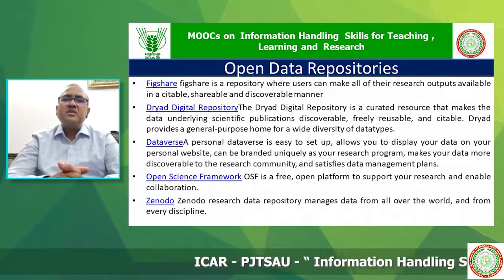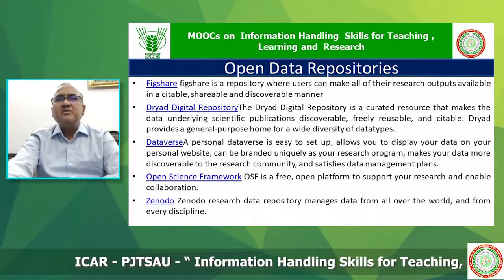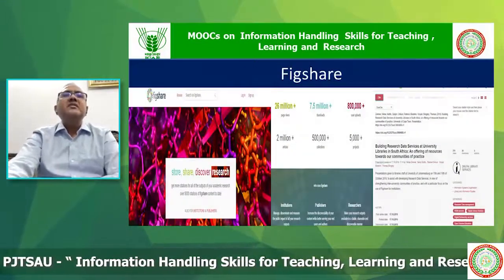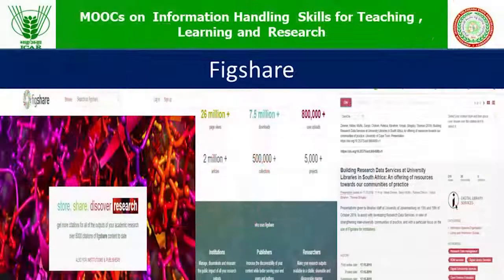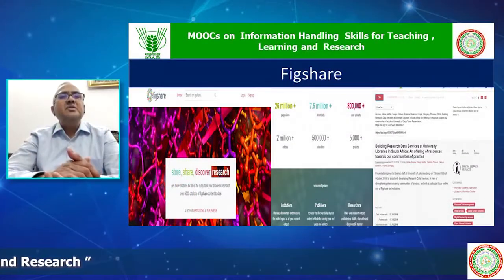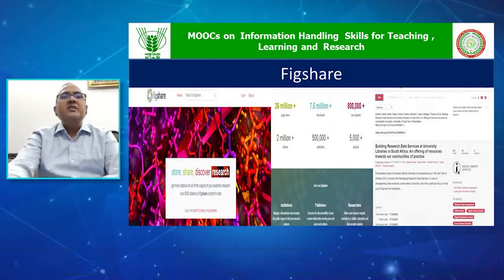So these repositories are very popular and very important for various kinds of people. So Figshare, any researcher can deposit their data there. It already has 26 million pages, and there are a lot of data sets available in this repository, whose main function is to store, share, and discover data.